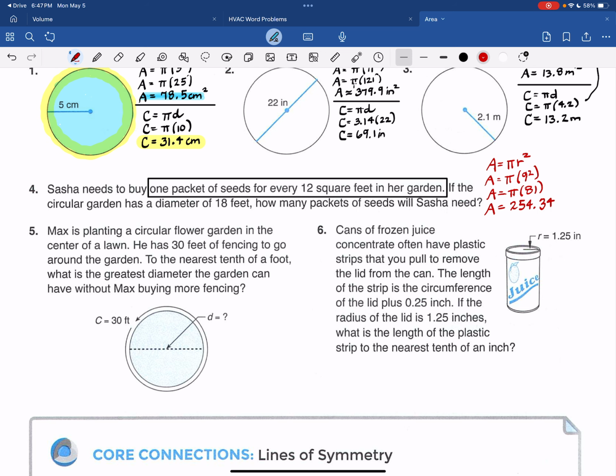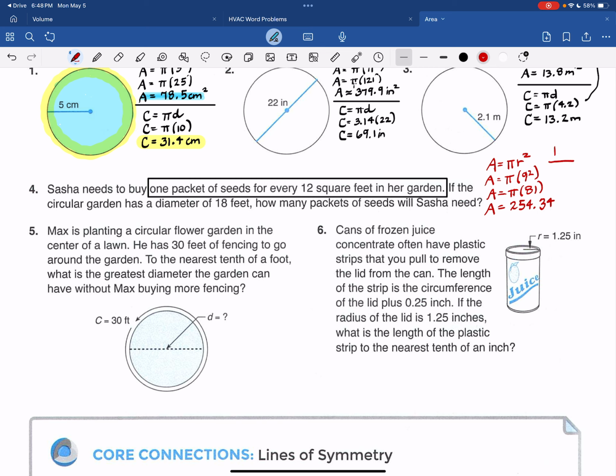Now, they didn't tell me to round, so I'm not going to. I need a little bit of space. If you know to divide, go ahead and do that. If you don't, you can use a proportion.